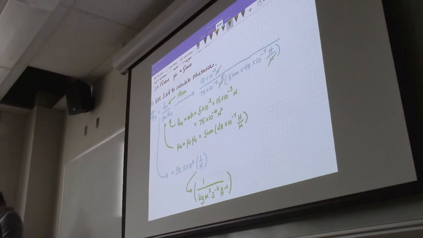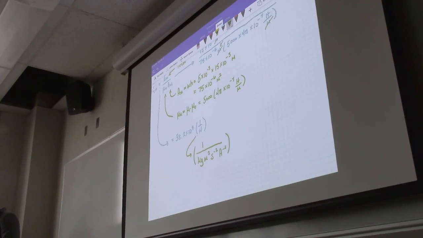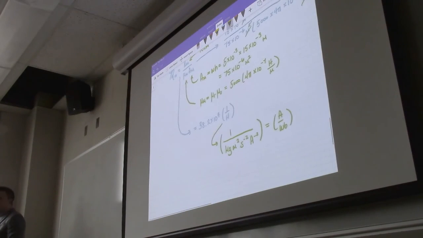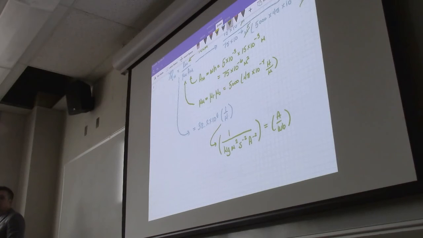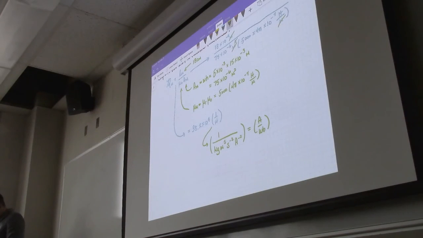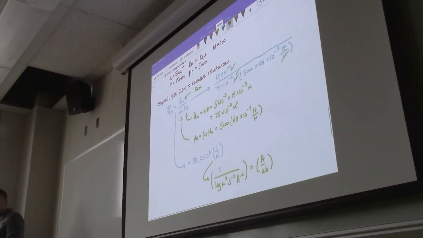So if we take that intermediate step, we see that this is equal to amps per Weber, which gives us the reluctance in the value that we're expecting. So it's the same 38.2 times 10 to the 4 amps per Weber.